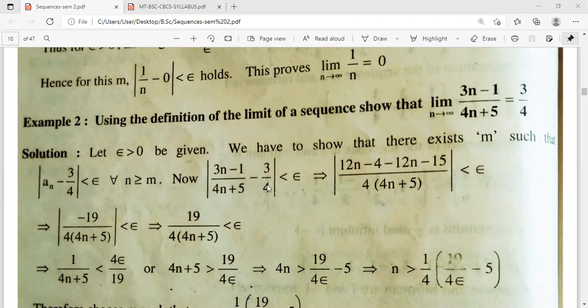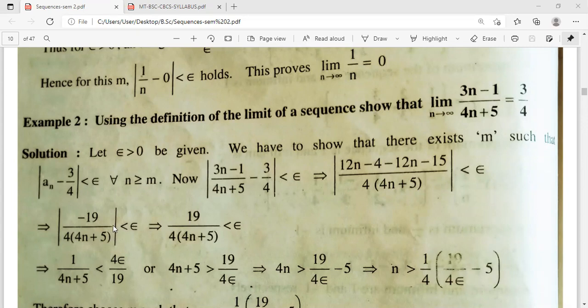You take the LCM, don't simplify the denominator, keep the denominator as it is and simplify only the numerator. Then you are going to get minus 19 by 4 into (4n plus 5) under the modulus sign, less than epsilon, the remaining is the same.